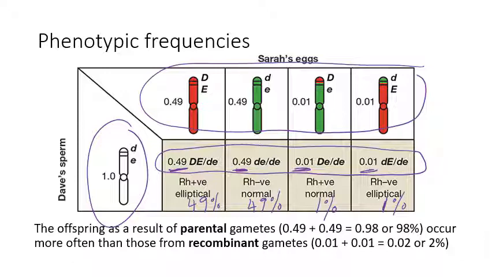So looking at the information that's being produced in this Punnett square on the screen here, we can say with 100% certainty that the two genes that Sarah and Dave are trying to track through the generations here, the D gene and the E gene, are 100% linked genes because they are not producing a 1-to-1-to-1-to-1 ratio when we perform a dihybrid test cross.